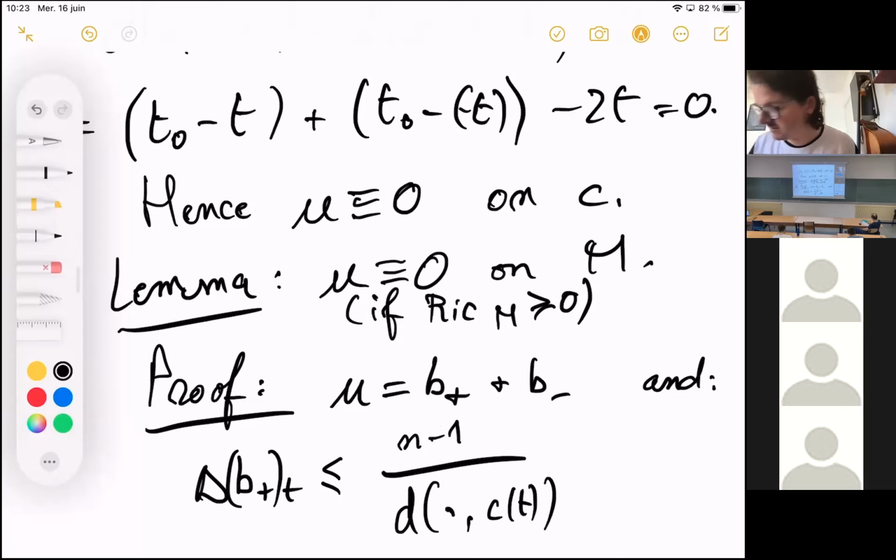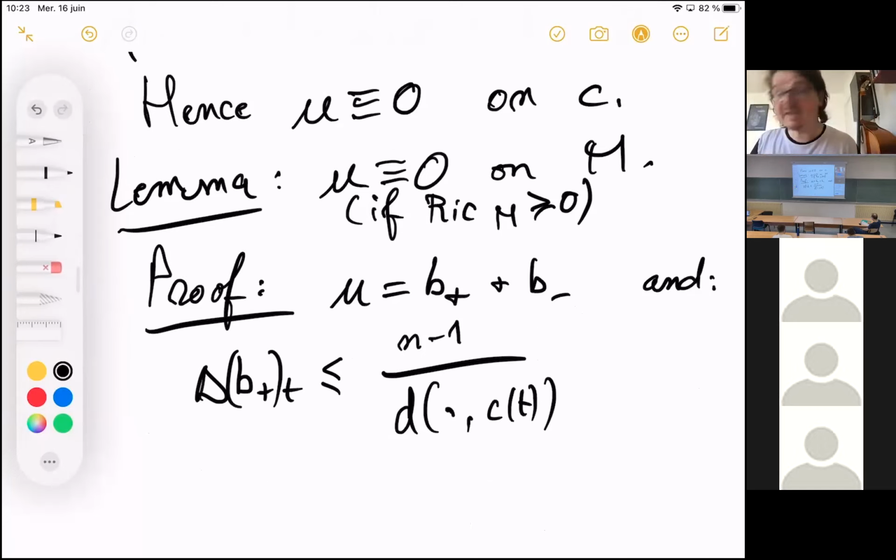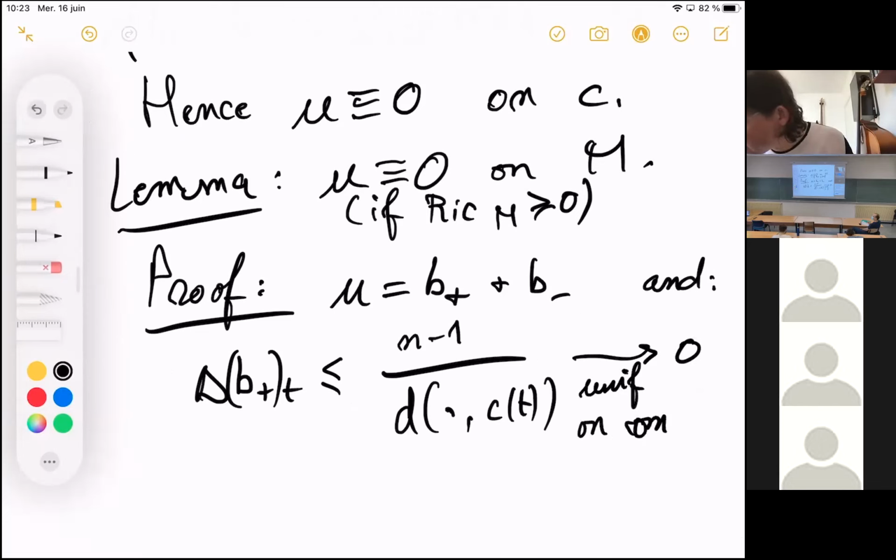Distance from C of t, and at every x, or for any x in a compact set, this goes to 0, say uniformly on compact sets.